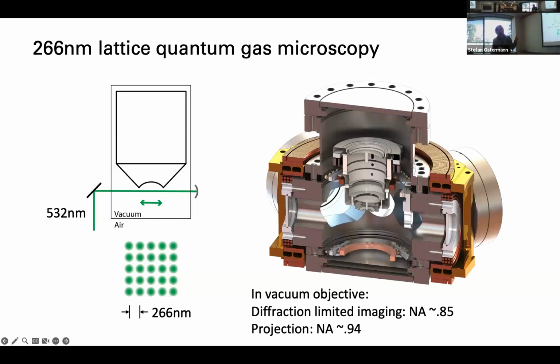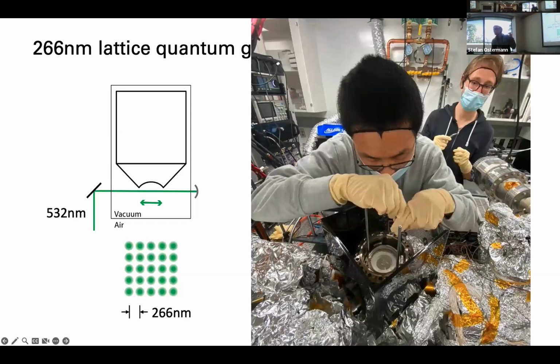And here's a picture, actually, of Berlin putting it into the apparatus, carefully inserting the microscope. There are lots of things that I always sweep under the rug in talks like this, going on behind the scenes, of course. All theorists should know.